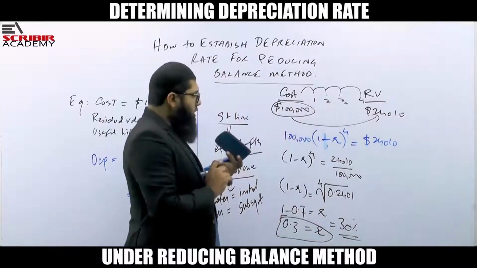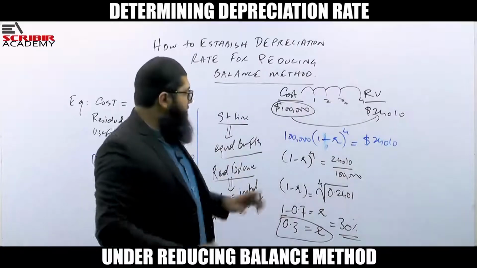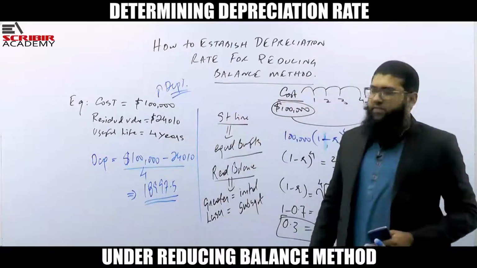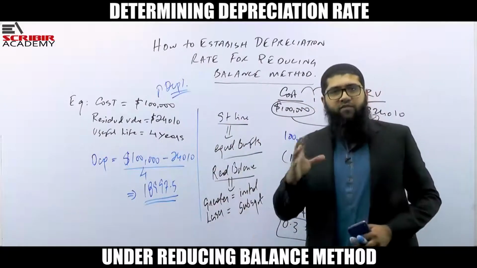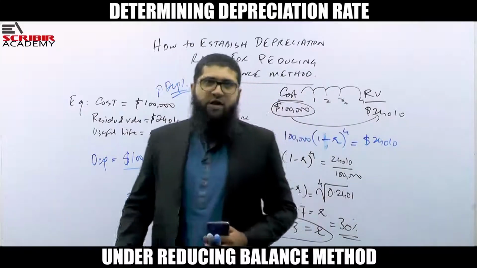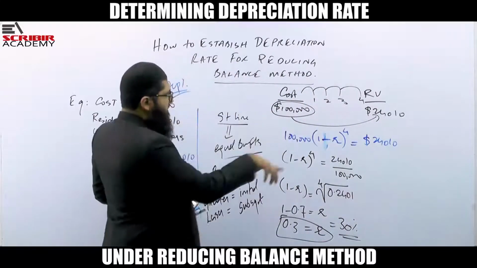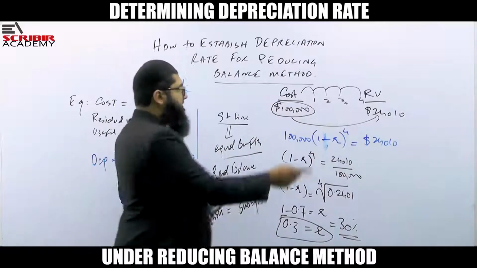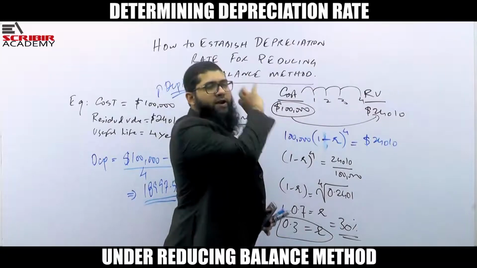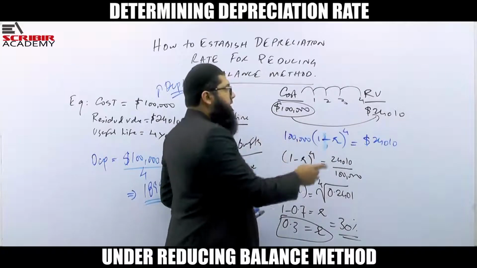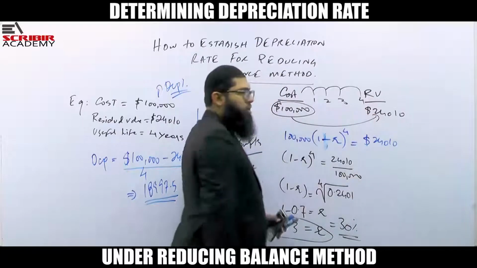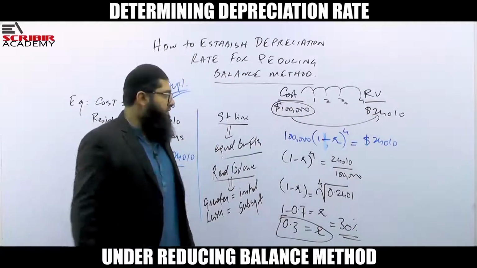So if you have to depreciate this specific asset using the reducing balance method, then you have to use the depreciation rate of 30%. How did I establish this depreciation rate of 30%? I use this concept: the asset would be depreciated from its cost over a period of 4 years in such a manner that at the end of its useful life, it will reach the residual value, which is 24,010.